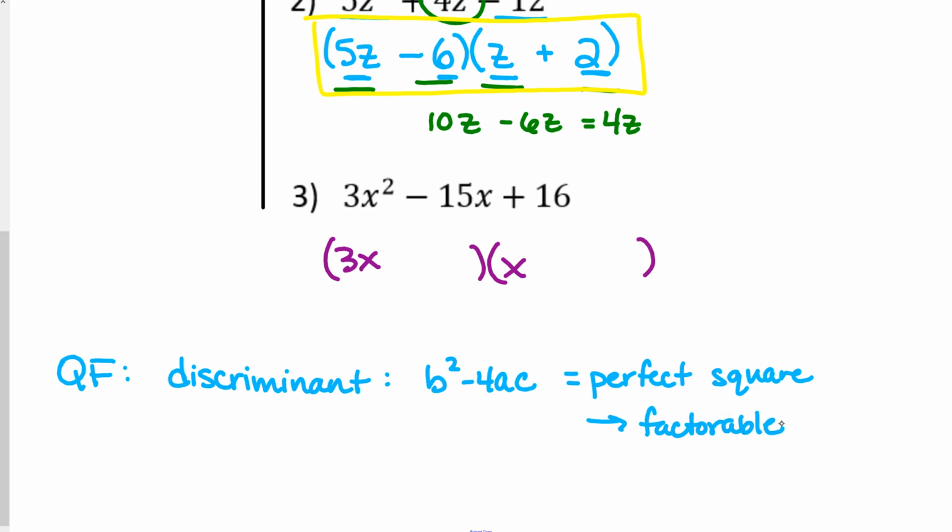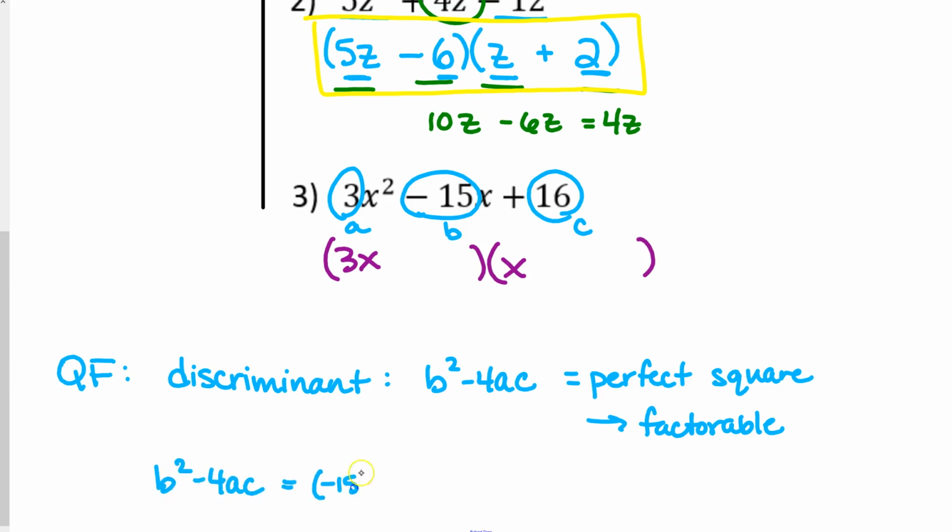So let's find the discriminant for number 3. So the b value would be negative 15, the a value would be 3, and the c value would be 16. So b squared minus 4ac is going to be negative 15 squared, so that's 225, minus 4 times 3 times 16.